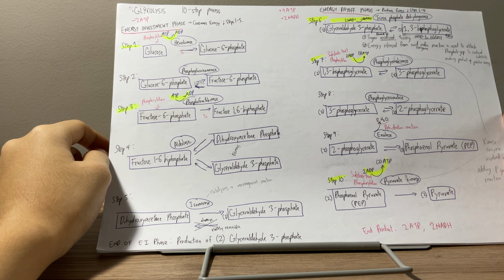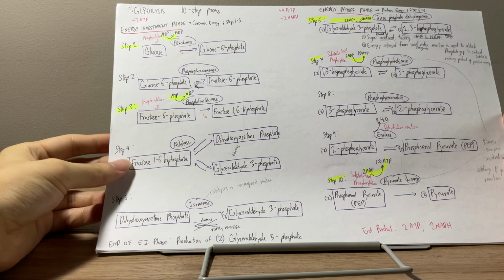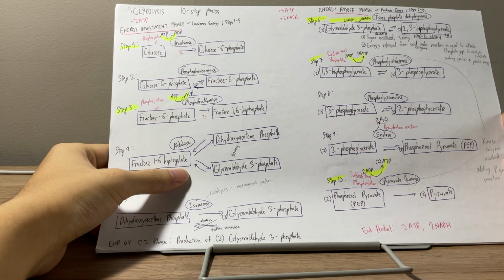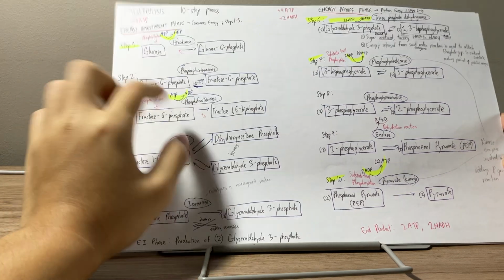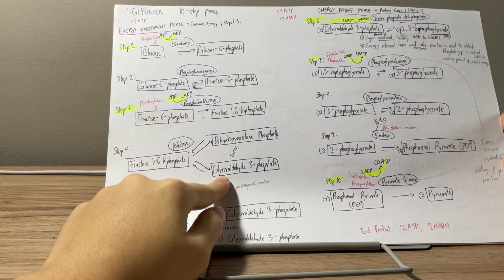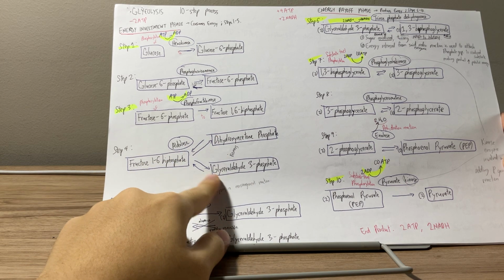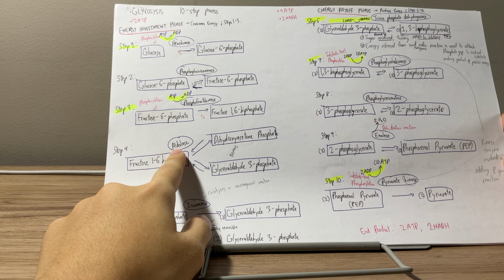Okay, I believe it makes sense. Okay, step 4, fructose 1,6-bisphosphate. It says these two are isomers. So, aldolase.